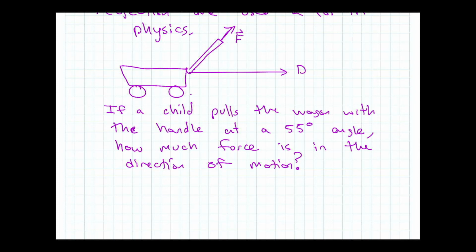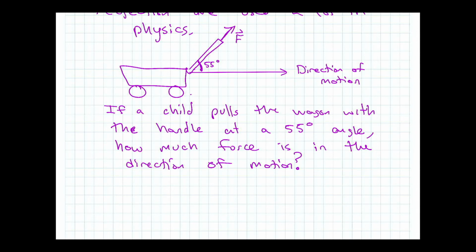So this is the direction of motion, right? And the way that you would want to calculate this is you also have your angle, right? If you want to know how much of the force is in the direction of motion, what you're looking for is a vector projection, right?